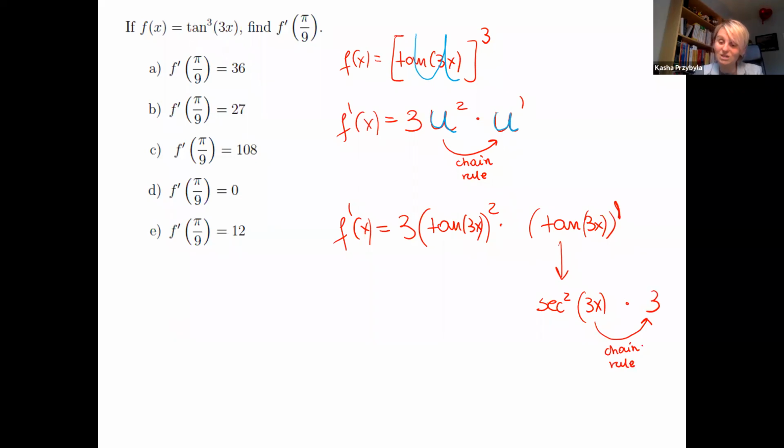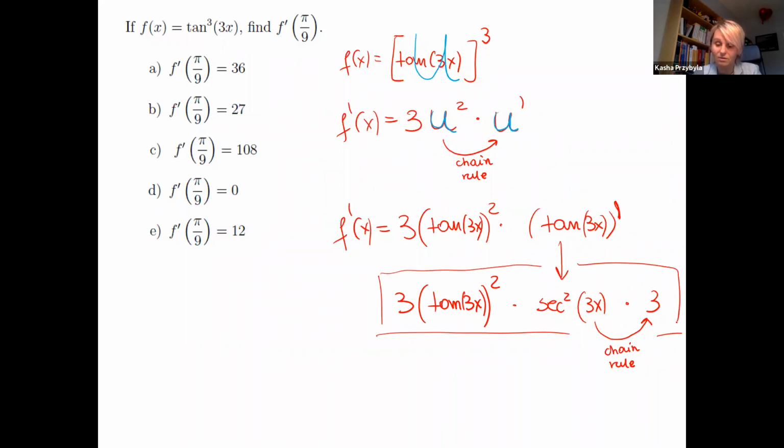We can see we actually have two times the chain rule. We have a power function and then trigonometric. Power is the outer cube, trigonometric is the inner function, and the most inner is 3x. Okay, I will copy for you. Tangent of 3x squared, this is together. That means this is the derivative: 3 times tangent squared, and then secant squared, and 3.